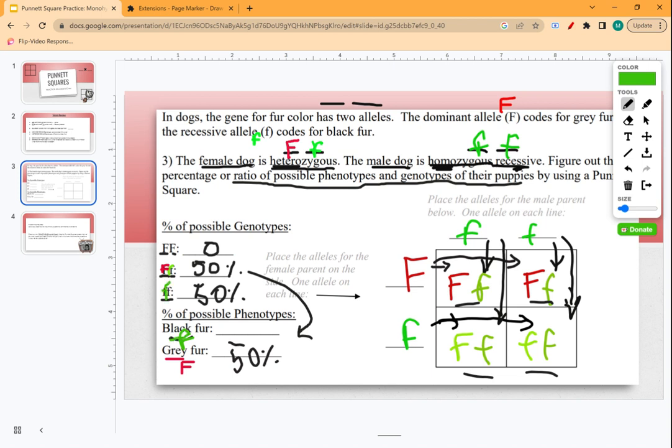And you see recessive traits only happen when they're homozygous recessive, right? And 50% of the offspring has that homozygous recessive. So 50% of the puppies are going to have black fur, and 50% of them are going to have gray fur. And those should have been your final answers.